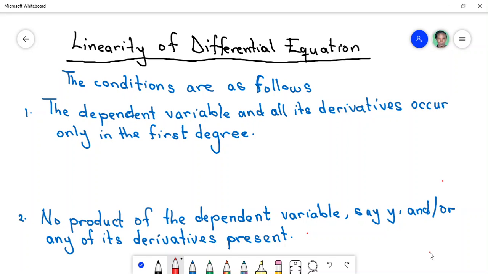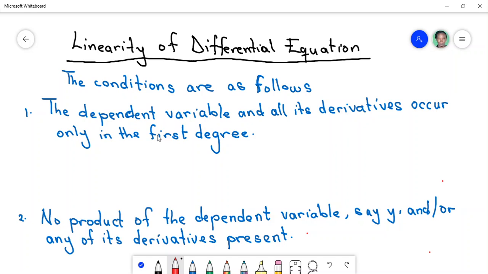We made mention of the type, order, and degree, which the link is provided in the description of this video. And today we are looking at linearity. At what conditions can we say a differential equation is linear or non-linear? The conditions are as follows.